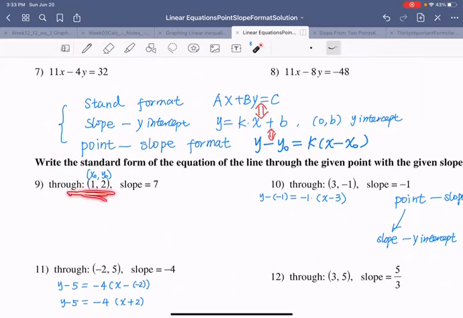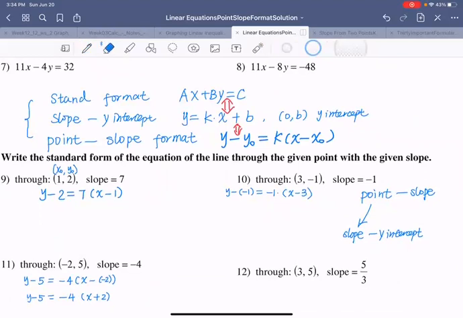I pass this point, I have this slope. What's my function? I think it's... oh no, y minus y0. Y minus 2 equals 7 times x minus 1. Okay, good.